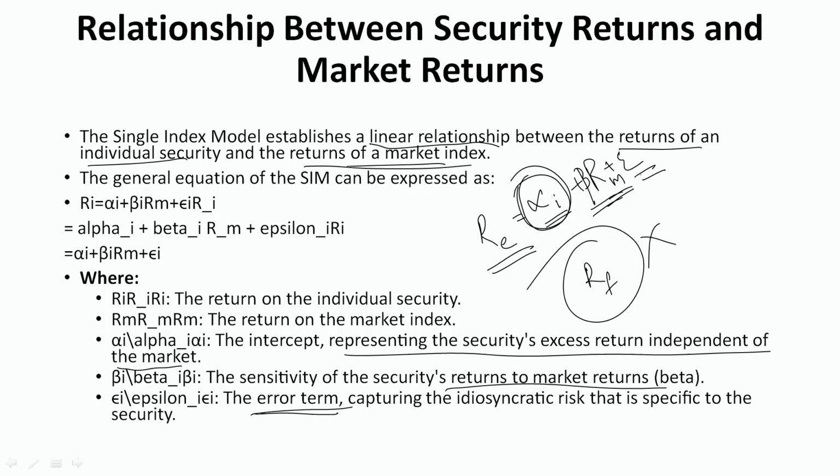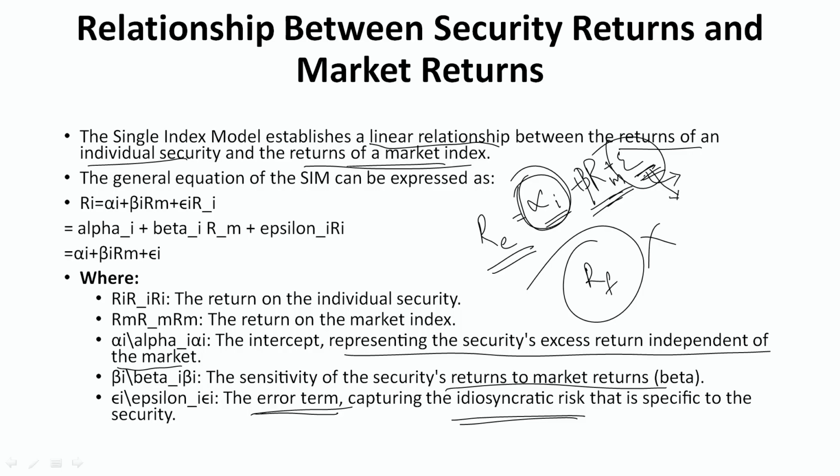Okay. And epsilon is for those factors which is not actually measurable. It can happen sometimes, it could be because of an earthquake which has happened, it could be because of elections being conducted. So, similar such idiosyncratic risk is being included in this particular aspect, and this is normally measured in the error terms.